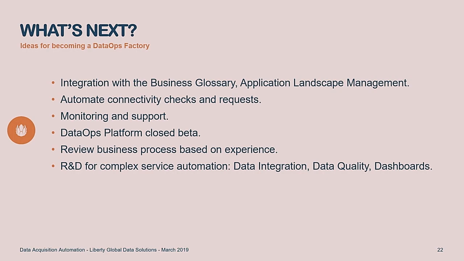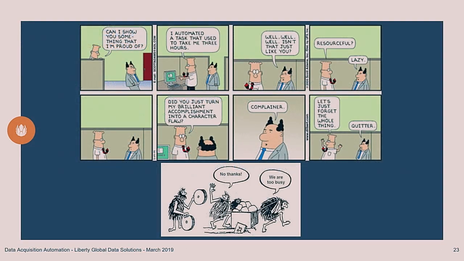And then based on the experience from the closed beta, we want to improve our processes and ensure that this takes even less time than what we expect it to take now. And next steps for improvement for us are data integration automation, data quality automation, and dashboarding automation.